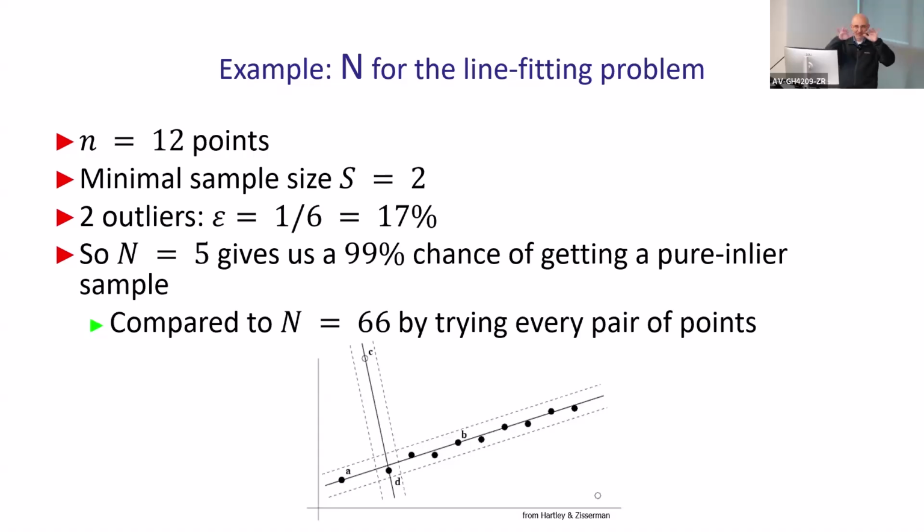So look, you have 12 points. You get 1-2, 1-3, 1-4, 1-5, until you get to 12. So you have 11. Then you get from 2 to 3, 2 to 4, and so on. So you get 10. And then 9, and so on, until you get to 1. So practically you need to add numbers from 1 to 11.